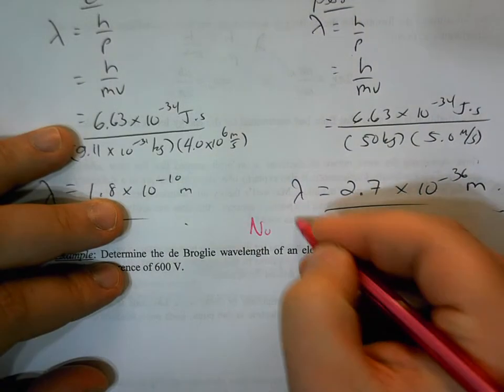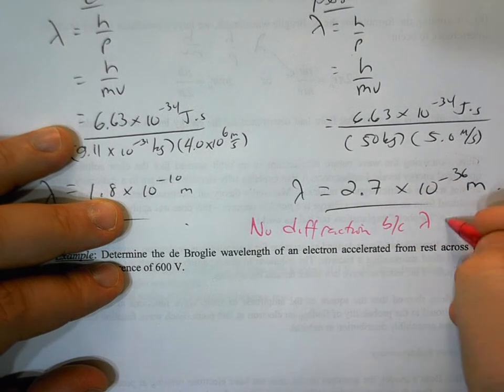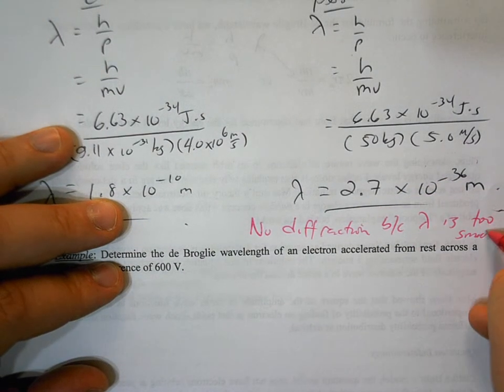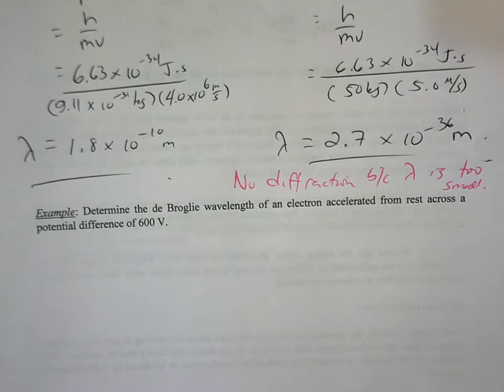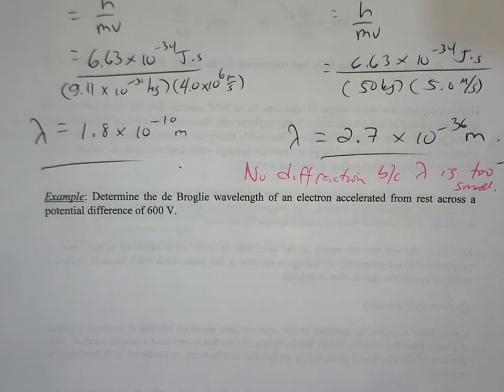No diffraction because the wavelength is too small. It's way too small, so people will not be diffracted. If you throw them at a diffraction grating, nothing particularly interesting is going to happen. So we cannot diffract people. It's pretty much okay for us to treat people like particles. We do have some wave characteristics, but as I mentioned, they're inconsequential.